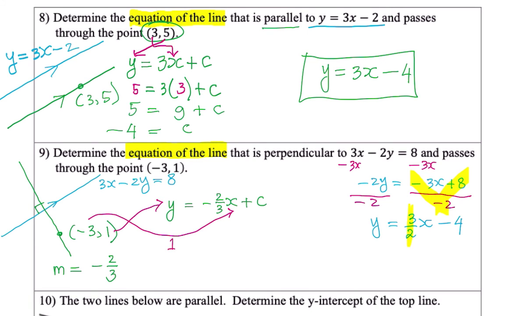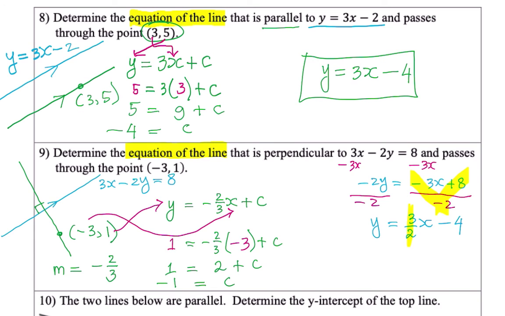So we have 1, x is negative 3, and then we will complete the equation. So negative 2/3 times negative 3, use your calculator if you are unsure, is positive 2, and then plus c. And then subtracting 2 both sides, we figure out that c is minus 1.